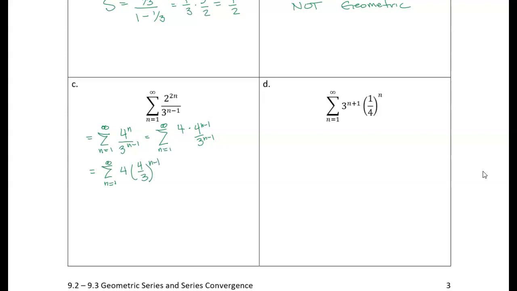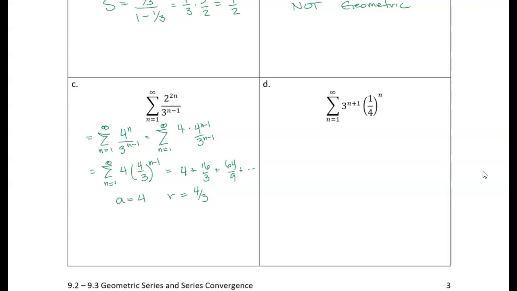So we do have a common ratio, right? We have this multiplier of 4 thirds. So our sequence is going to look like 4, and then the next term is essentially going to be 4 thirds times that, which is 16 thirds, and the next term then will be 64 ninths, and so on. So our first term is equal to 4, and our common ratio is equal to 4 thirds.